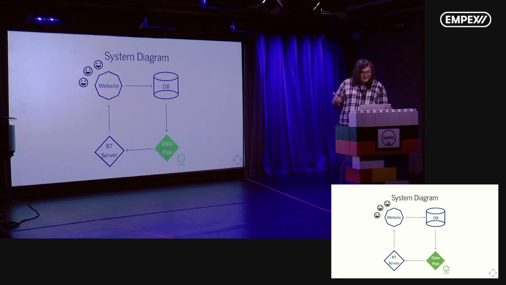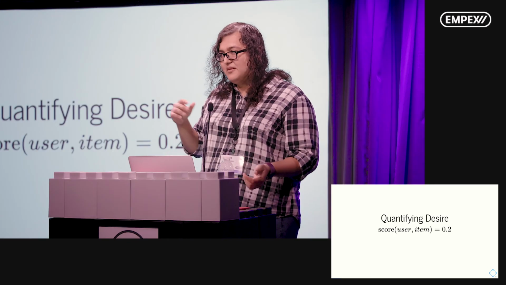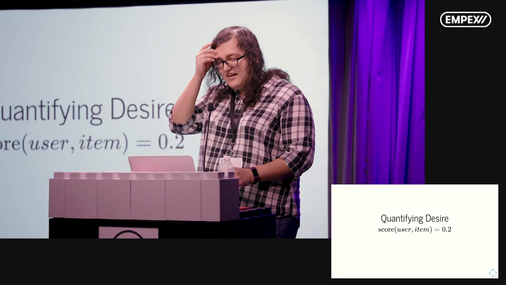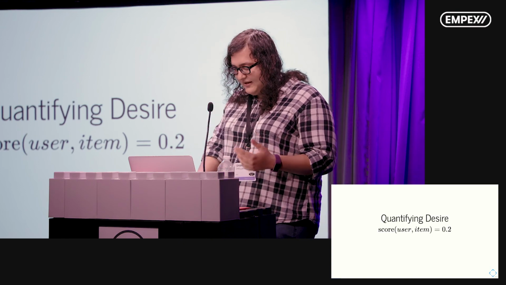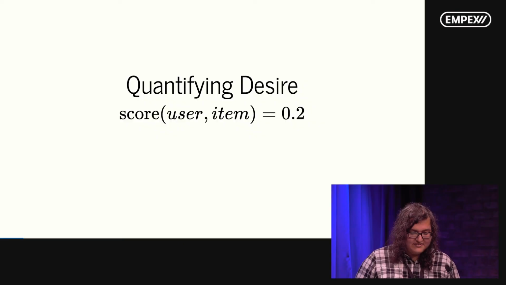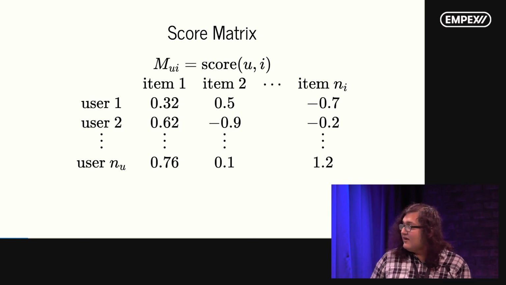So we're going to start in the data pipe and talk about what a recommendation is. Really, we want to just assign some kind of arbitrary numerical value to how likely a user is to like an item. There's a lot of sauce that goes into this that is really not important to this talk, but you kind of get this, this feeds into the next part, which is a matrix of all of our users and all of our items, where every entry is that score for that user.